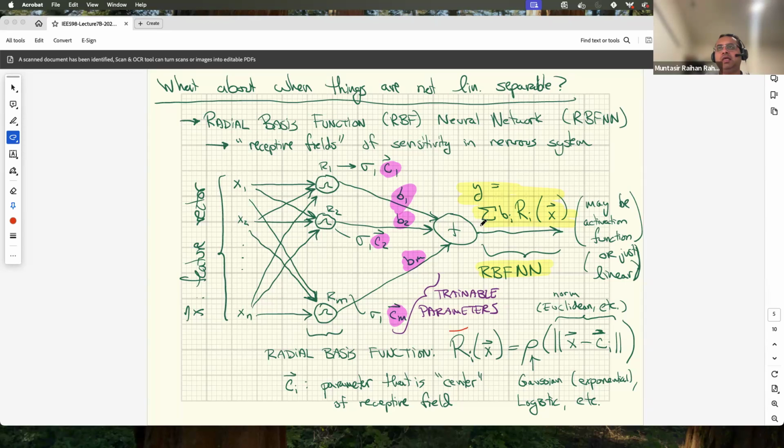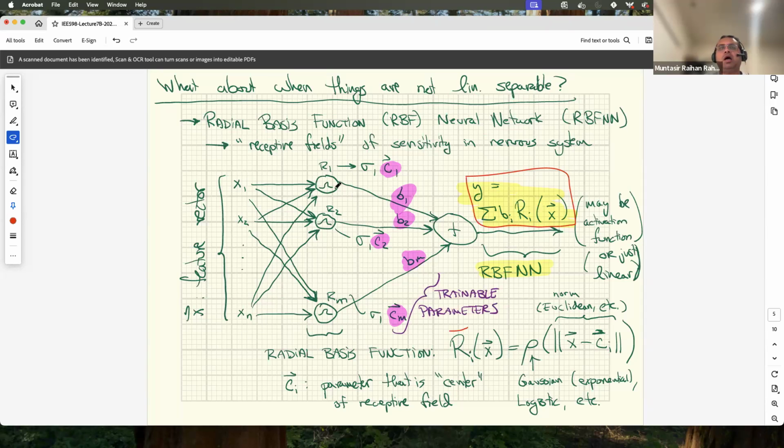So if y is the final output from this network, then y is a sum of the output of all these neurons. The first neuron's output is a function of the whole input. You can see that x1, x2, up to xn are all connected to all these neurons, so this is what we call a fully connected layer. So R1 is a function of all the inputs of this neural network, the input vector.